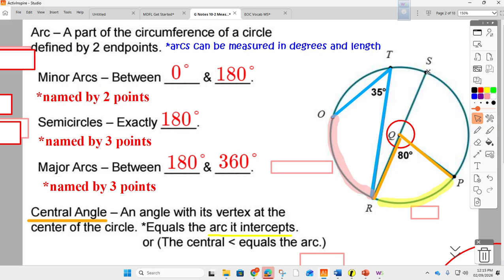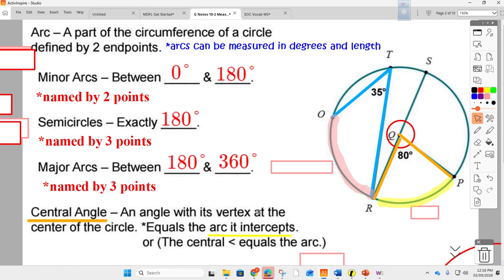So when we name this, we're going to start on the circle and continue around the circle, right? We do not name any arcs by points inside the circle. Only by points on the circle, on the edge of the circle, okay? Now, any questions so far on this?